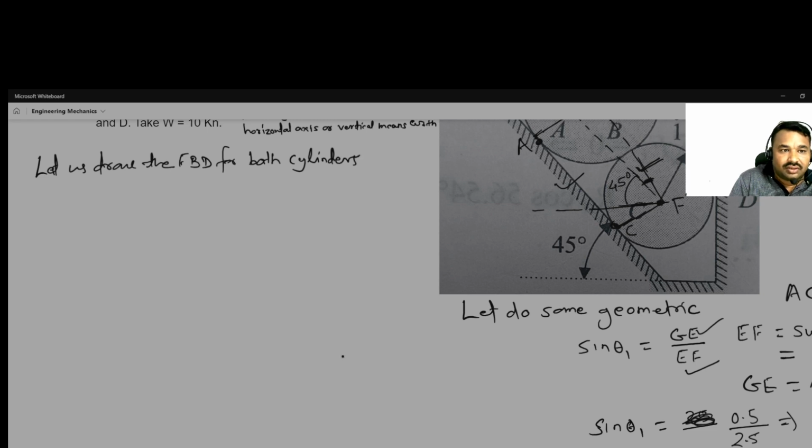Firstly the cylinder 1, the larger cylinder.